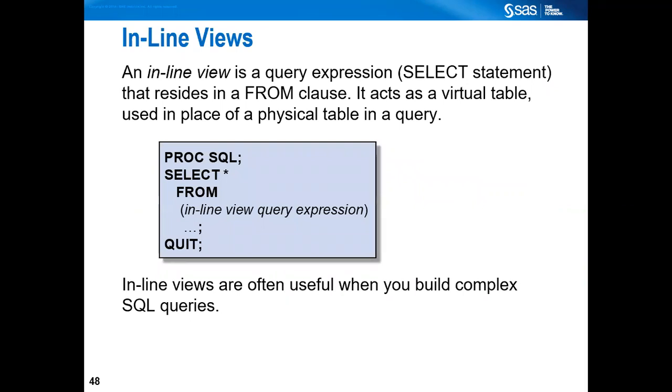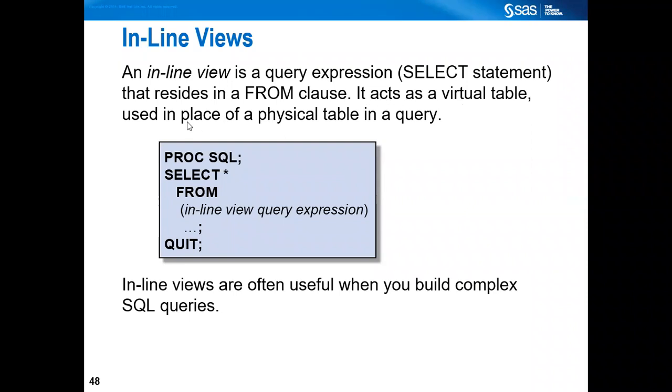So what is an inline view? In your from clause, normally we write a physical table as a reference, as an input table, correct? Instead of that, we can write a query which acts as a virtual table when it is executed. What is an inline view and what is a view? I'll explain when we come to that slide, but just understand it's a query expression, that is your select statement, which resides in your from clause.